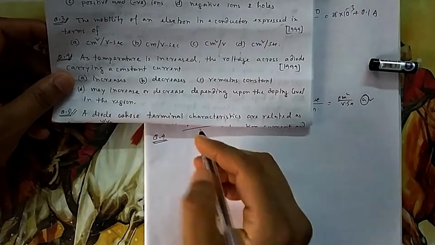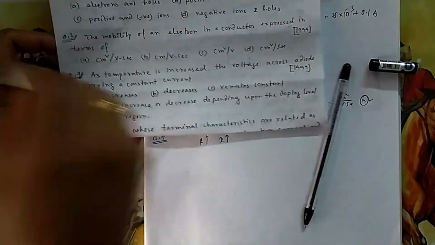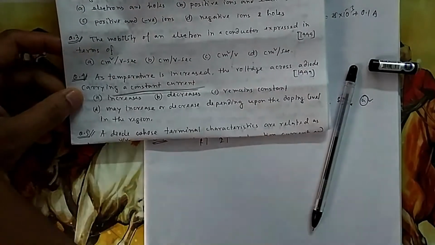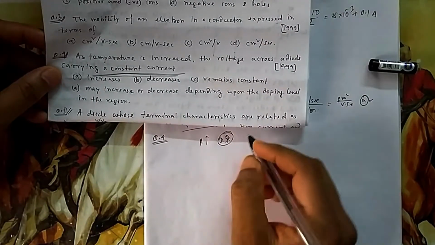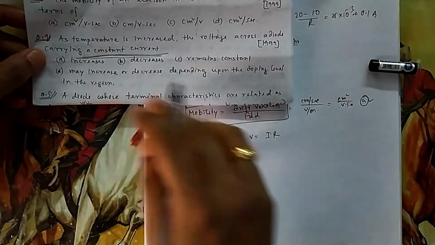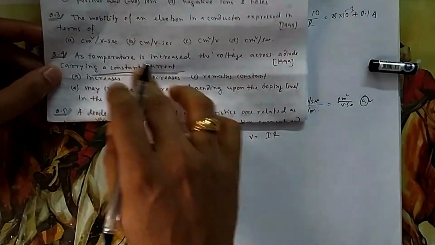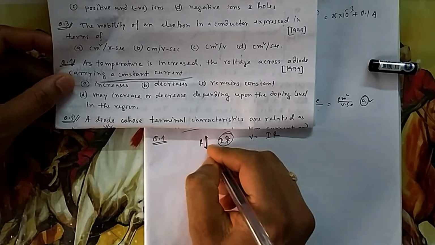Since the resistance decreases, the current will try to increase, but they are saying the current is constant. So if the current is constant, it cannot increase, so the voltage across it decreases, because as you increase the temperature, your effective resistance decreases.